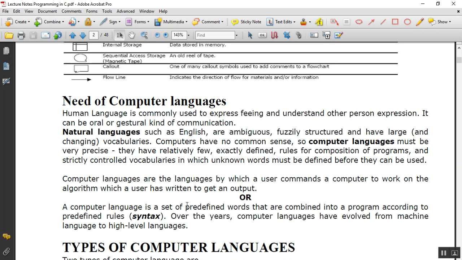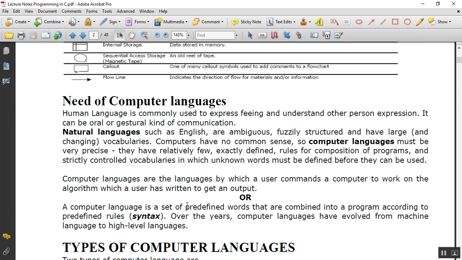And in Gujarati also we know that there are so many words, and these words change as we move from one village to another village or from one region to another region. The same thing will be called something else in another region. So it is very hard to memorize, or it is a very tough task to use human languages for writing computer programs.